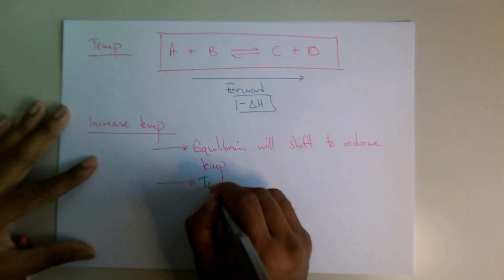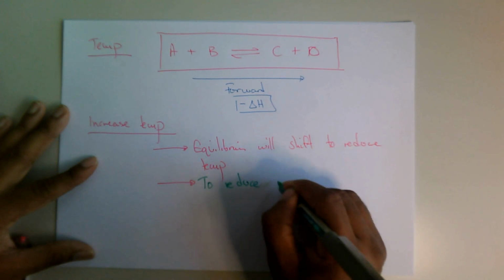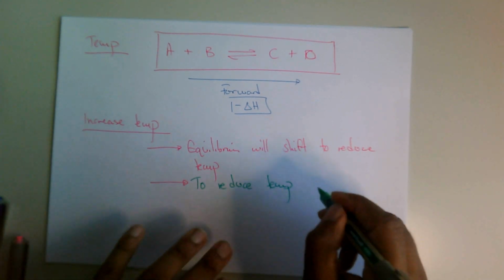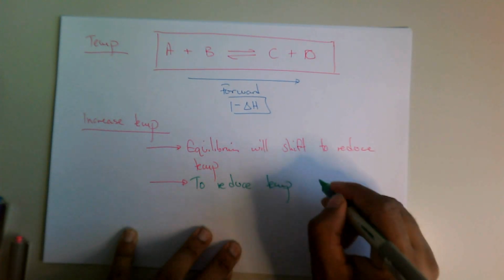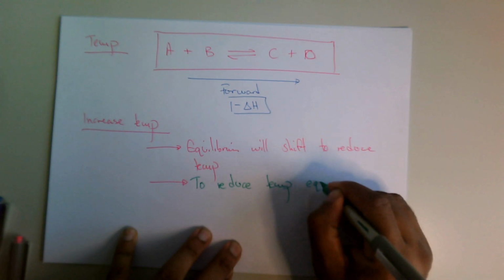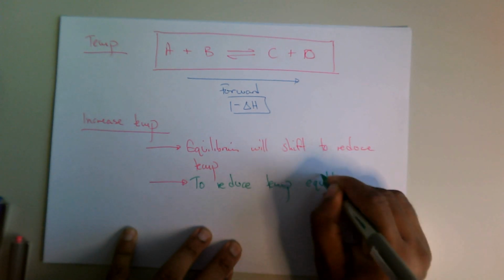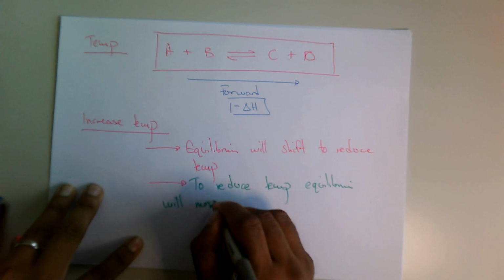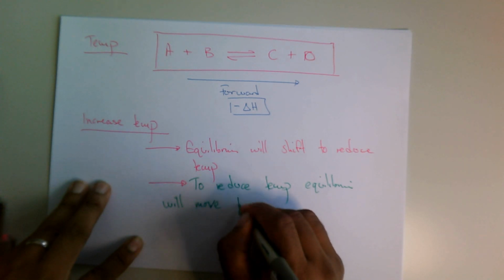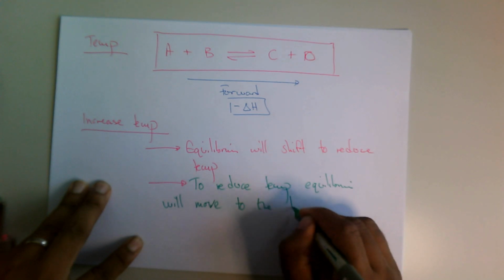To reduce temperature, equilibrium will move to the reactant side, to the left.